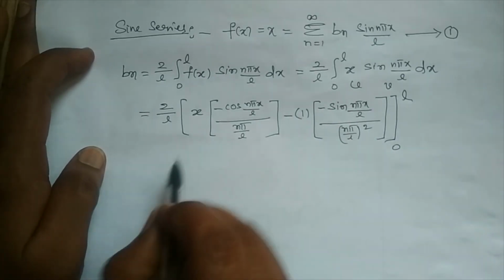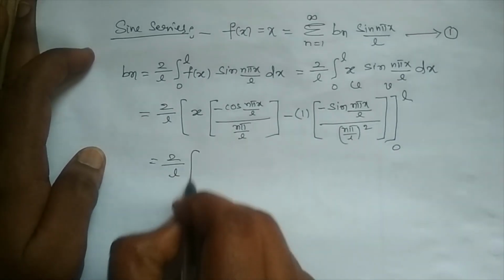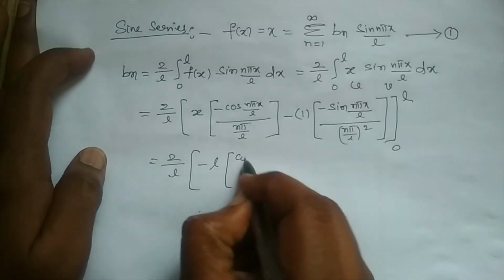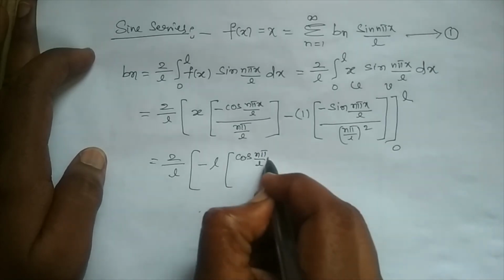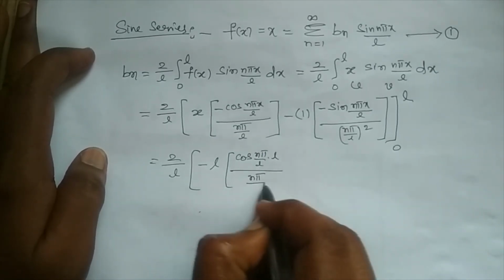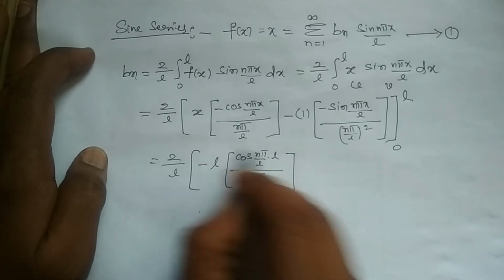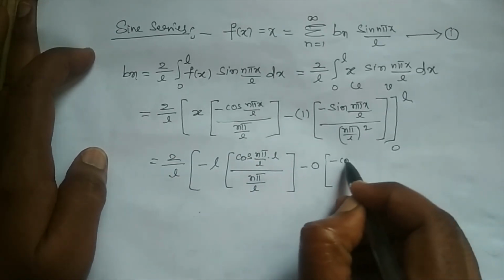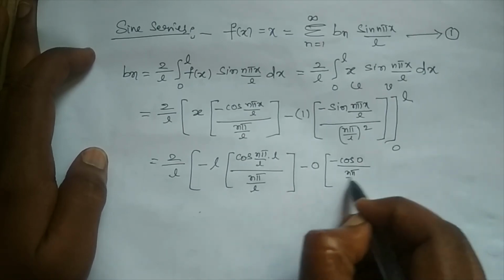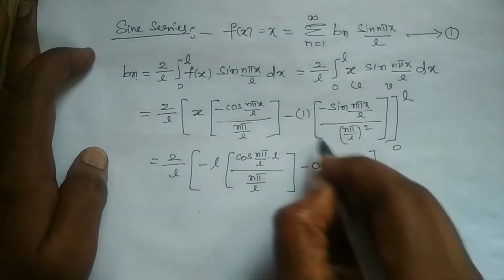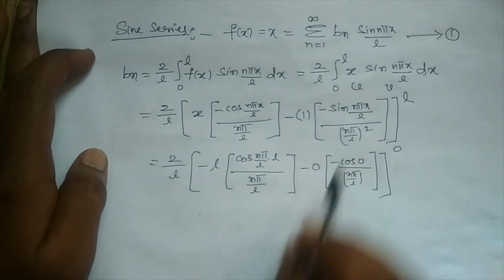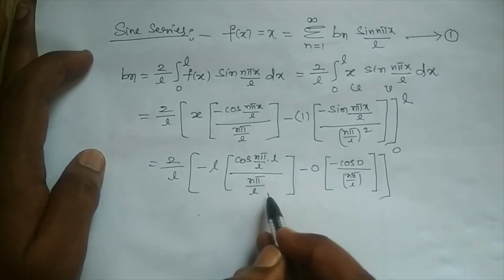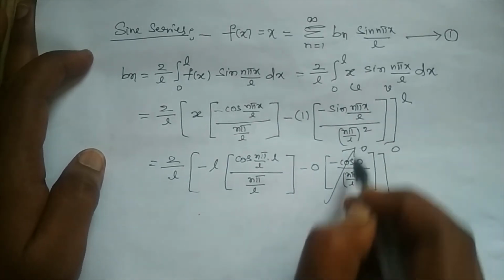So I am taking only this term, 2 by L into minus first limit L into cos n pi by L into L by n pi by L, and the second limit will be 0 because of multiplication by x, 0 into minus cos 0 by n pi by L. So I can neglect this one because sin 0 is also 0. So this total is 0.